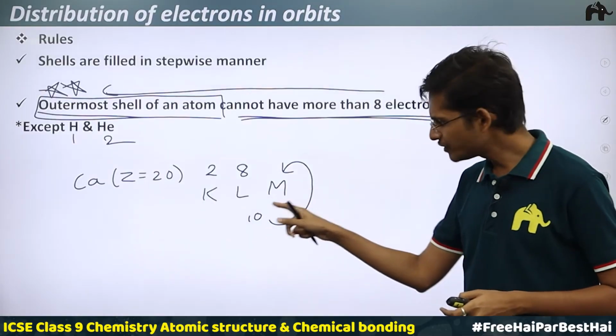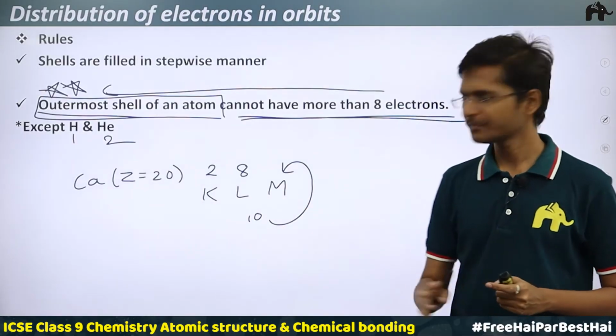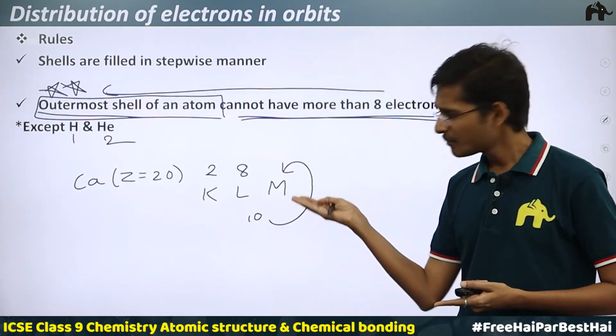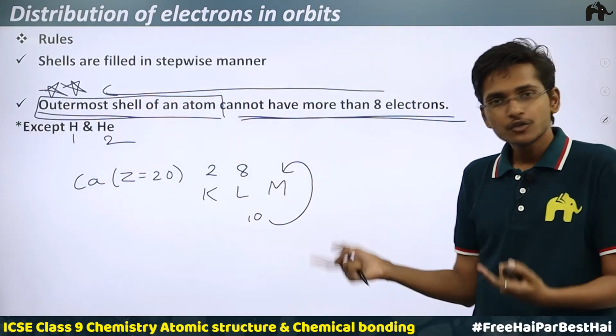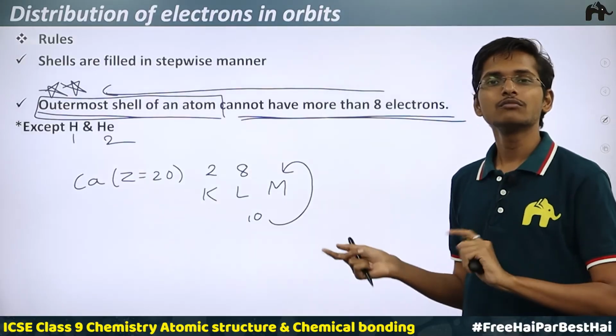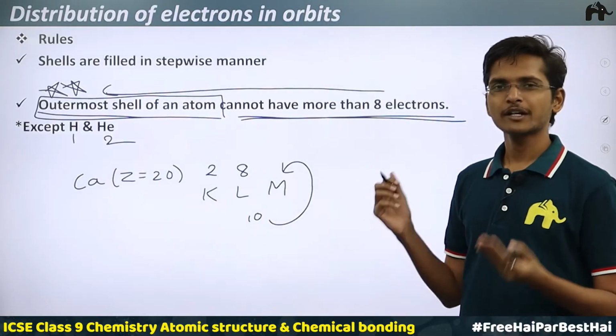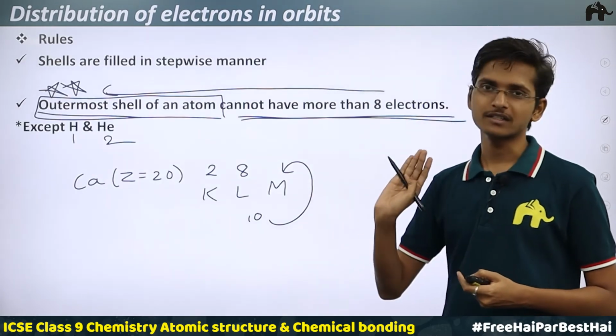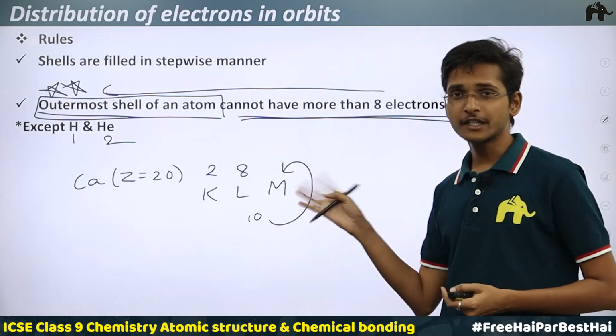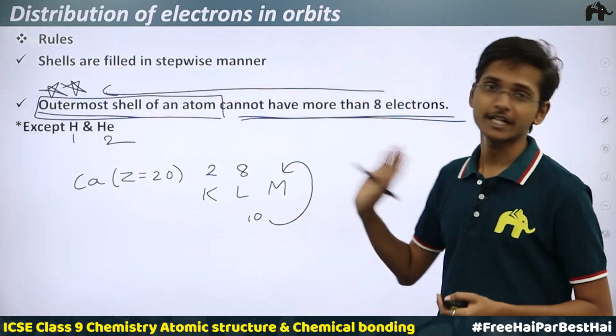If we put these 10 electrons in the M shell, it would become the outermost shell, but it would have more than 8 electrons, which is not allowed. So by hook or by crook, we don't have any choice. We cannot fill 10 electrons in this, because we cannot make our outermost shell have more than 8 electrons.